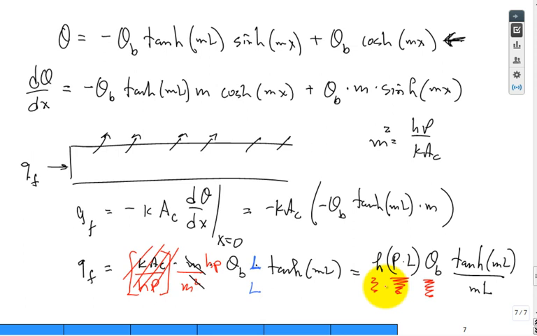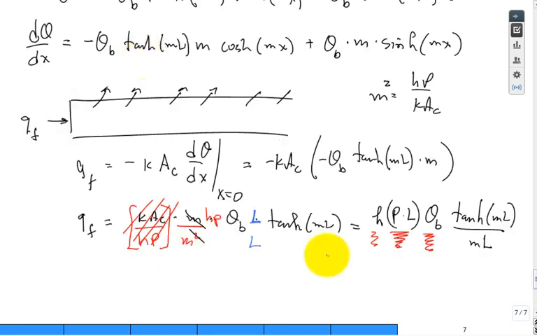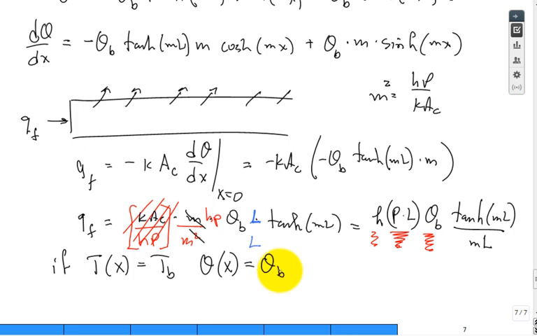And so a little name calling here: if the temperature anywhere in the fin was equal to the base temperature, then theta anywhere in the fin would be equal to the base temperature difference. And then the Q would be just h perimeter times L times theta b.